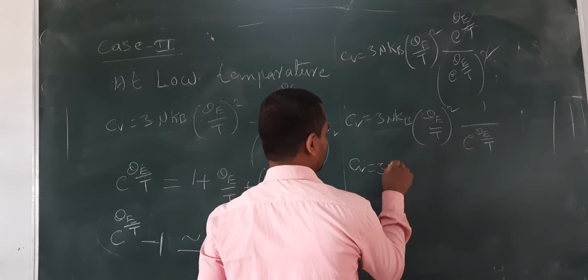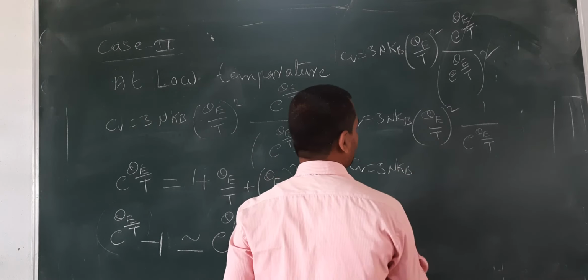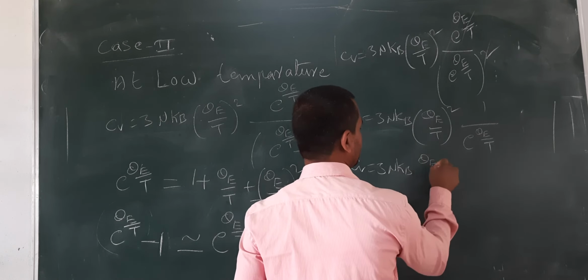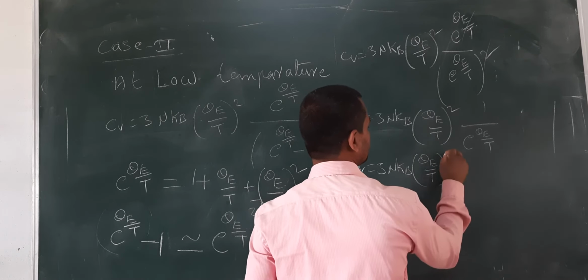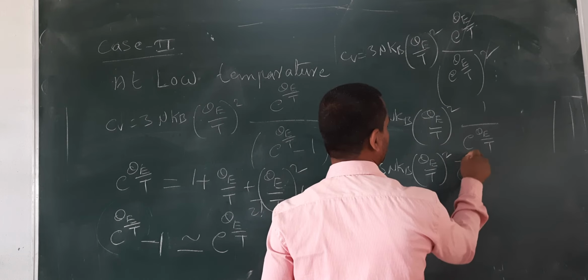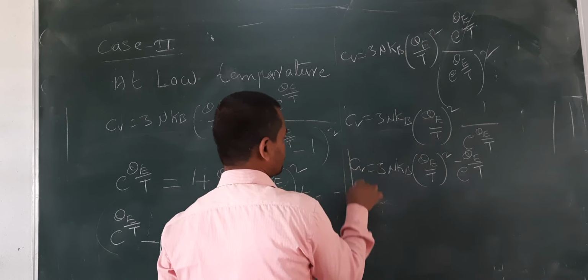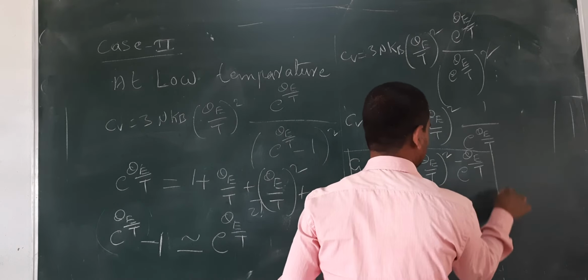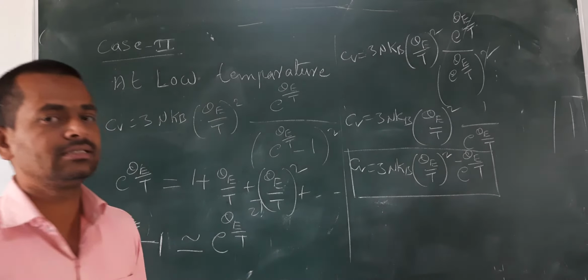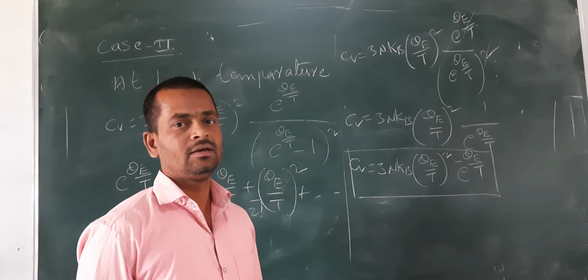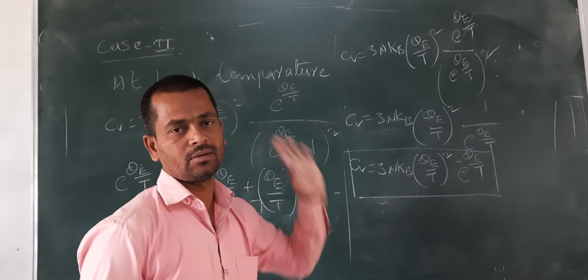Cv equals 3n kB theta e by t square e power minus theta e by t. This is the required formula. What we require, this is the formula.